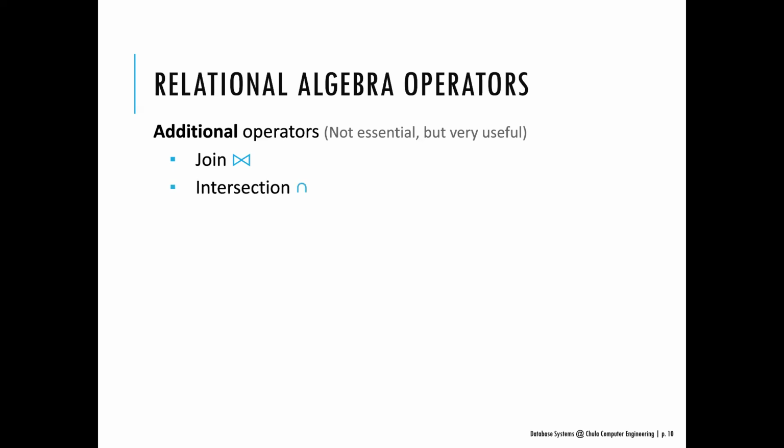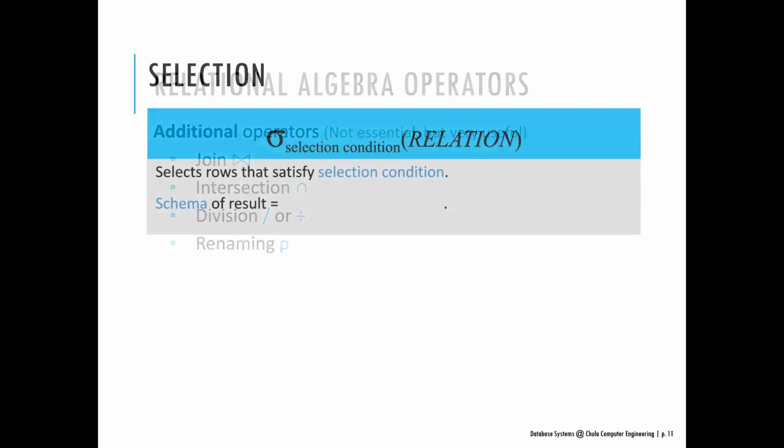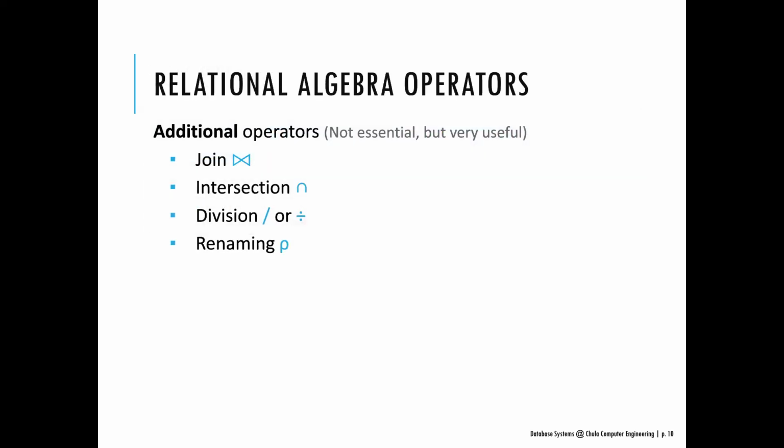The next one is called intersection, which is the intersect operator, then the division operator, and the renaming operator. So join uses the ribbon, and renaming uses the small rho. R is rho, and it is used for renaming.